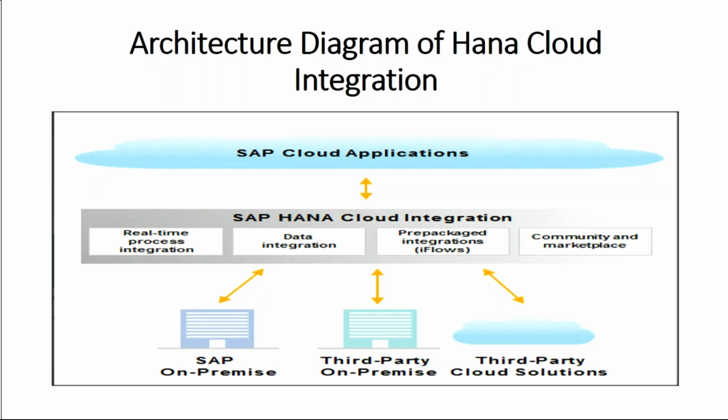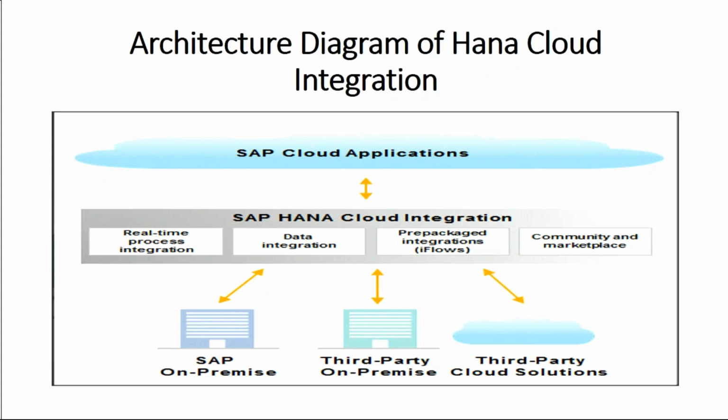So SCP has a strong marketplace community and SCN community, which will help and solve the issues whenever there are, and SAP is also there in the back end if something is out of hand, which cannot be directly solved by the customer or the community.